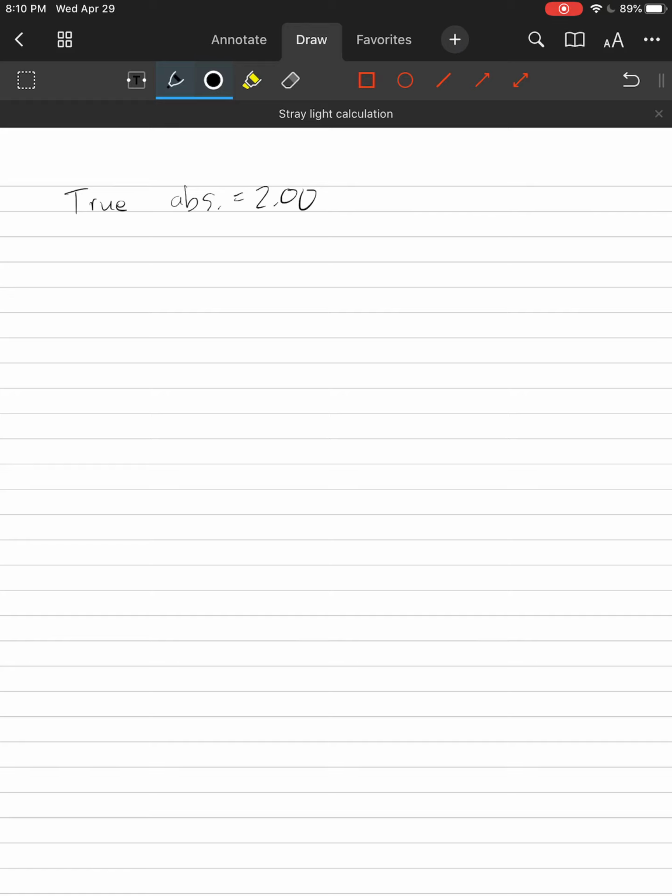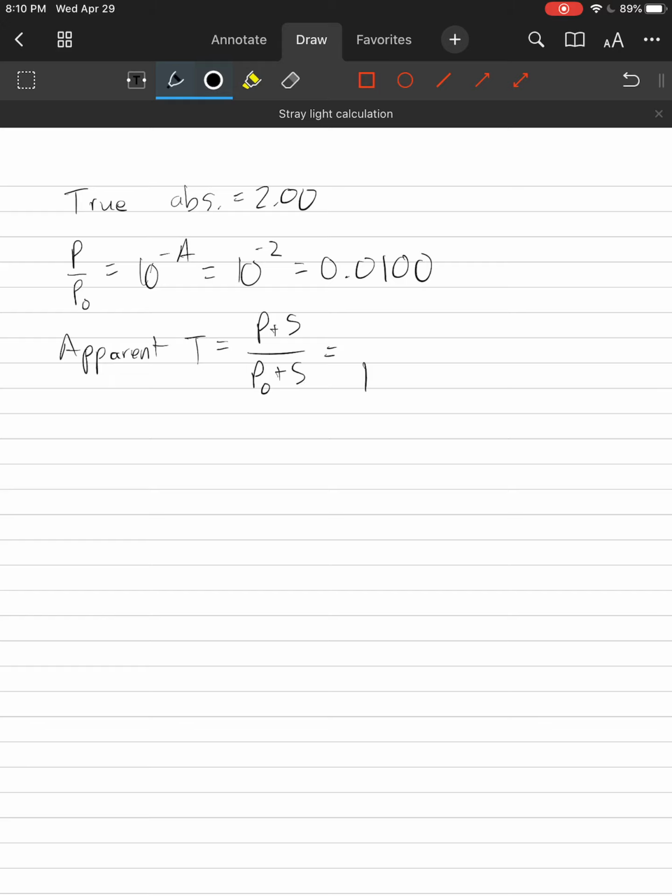If the absorbance is 2, what is our transmittance? P over P naught is 10 to the negative absorbance, which is 10 to the negative 2, which is 0.01. This is our true transmittance. Our apparent transmittance is again P plus our stray light over P naught plus our stray light. Again, we're calling P naught 1 to make the numbers work out.